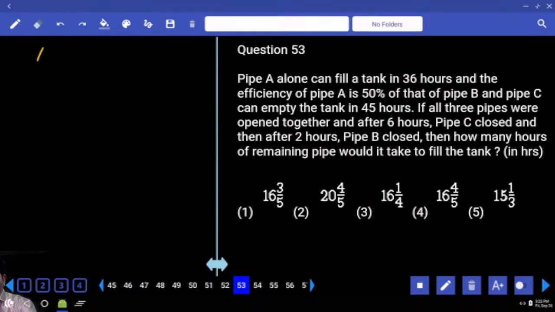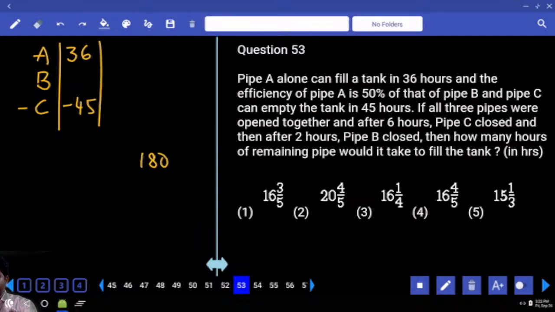Right. We have A, B, C. C is an outlet pipe. A can fill the tank in 36 hours. C can empty the tank in 45 hours. LCM is equal to 180. 9 is common. 9 how many times? Here we have 4 and here we have 5. 4 and 5 both are co-prime numbers. LCM 20. Already taken 9 common. 9 into 20, 180.